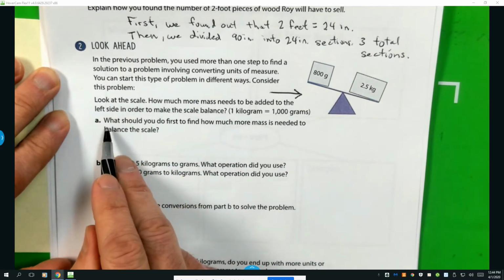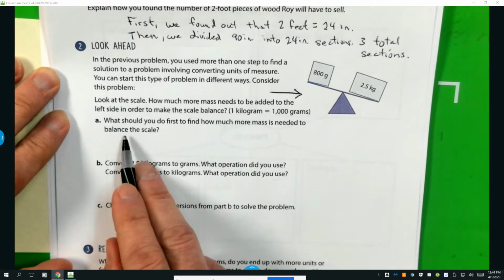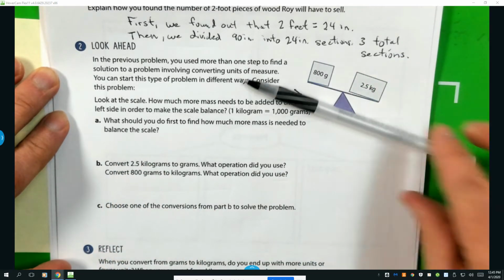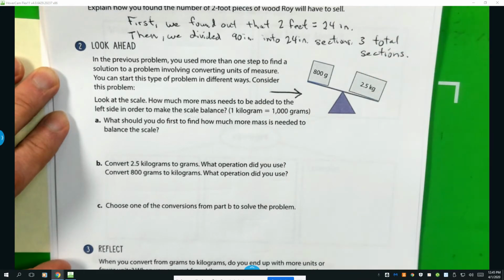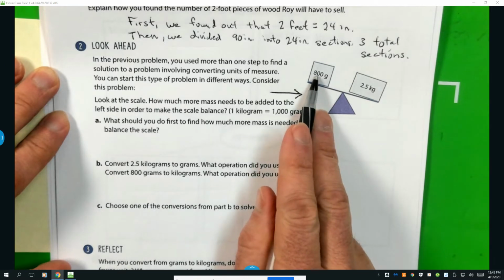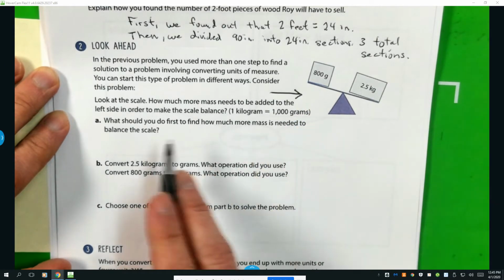Okay, so look what we're doing. What should you do first to find out how much more mass is needed to balance the scale? Now remember, balancing the scale, see how it's tipped right here? It just means they would be equal straight across. So how are we going to make these two equal? Now notice that this says 800 grams and this says 2.5 kilograms.